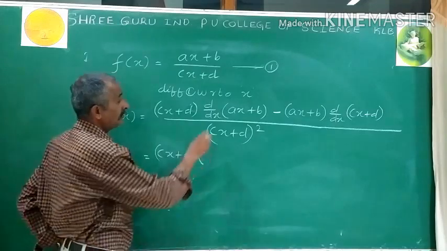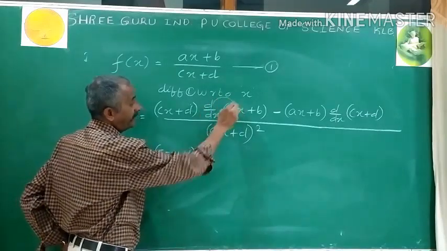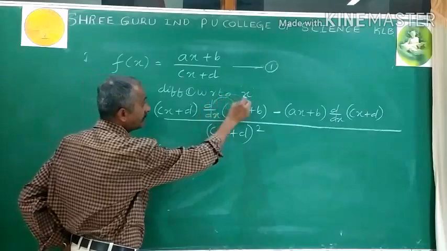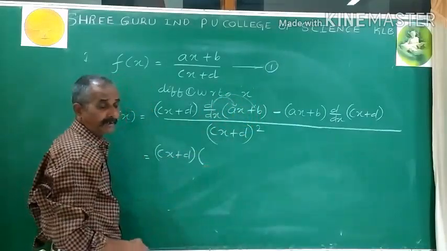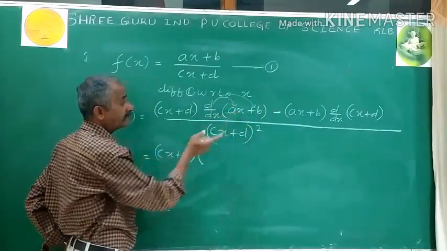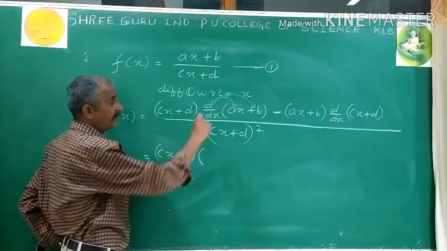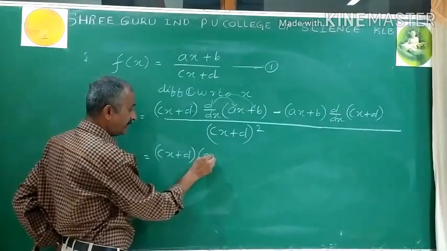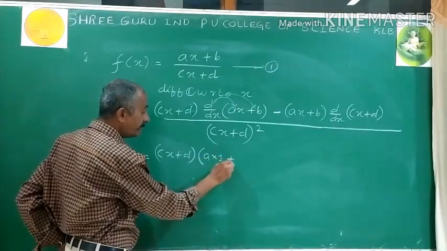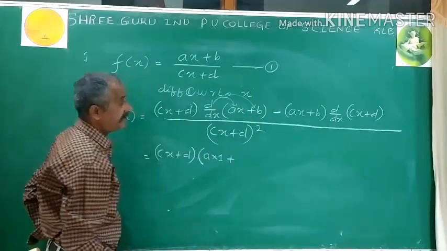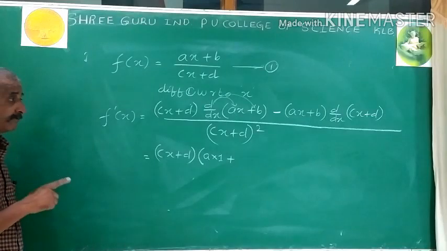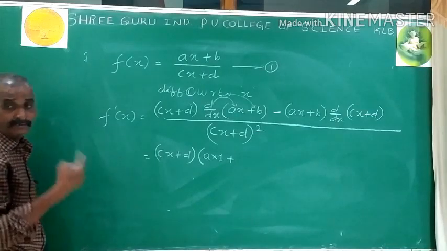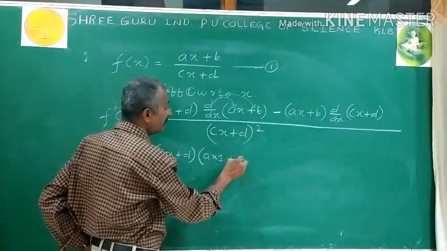According to the sum rule, we write differentiation of ax plus differentiation of b. For ax, a is a multiplying constant outside, followed by the differentiation of x which is 1, total a into 1. Whereas b is a separate constant, not multiplying any function of x, so the derivative of b will be 0.